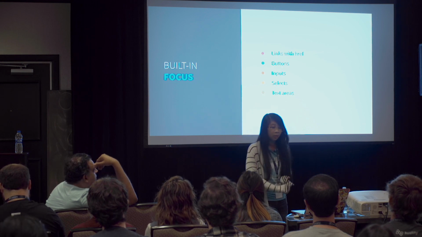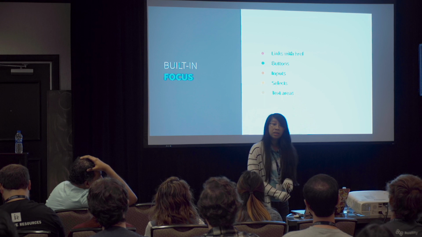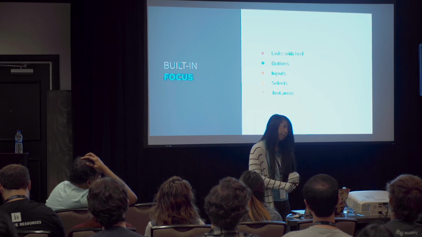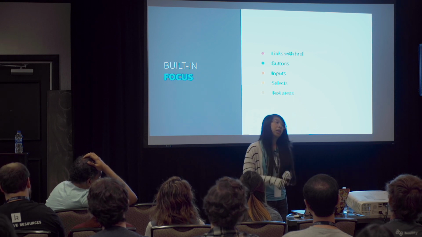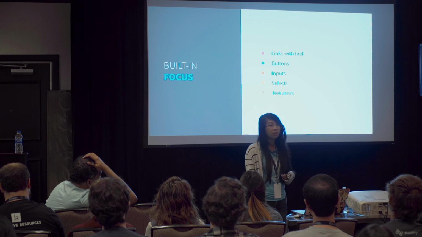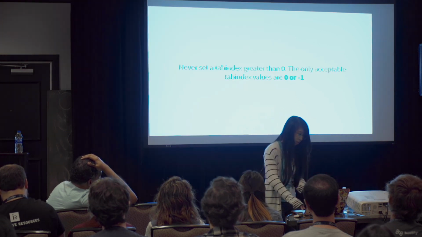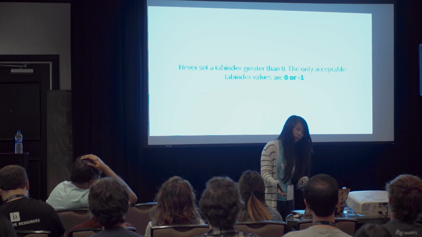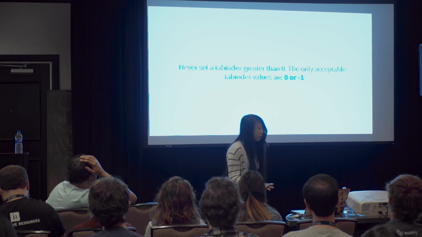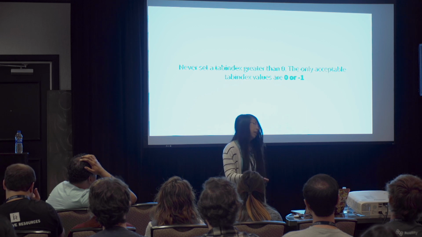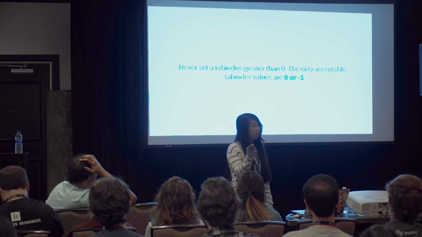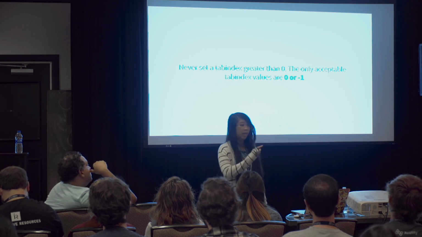So links with an href, buttons, inputs, selects, and text areas all have built-in focus. If you have a button that's really a span or a div, you're going to have to add in the focus yourself. And to do that, you would use tabindex. For tabindex, if you add 0, it'll add it to the tab order in the natural order it's in on the page.